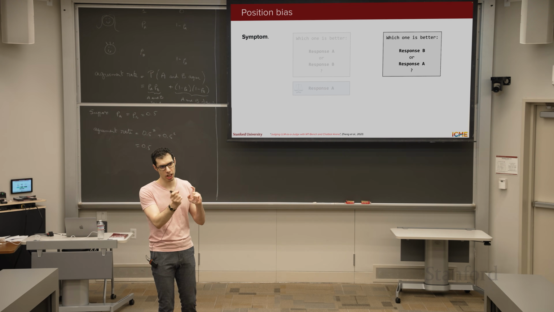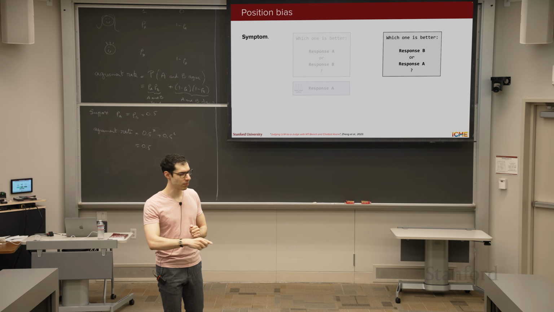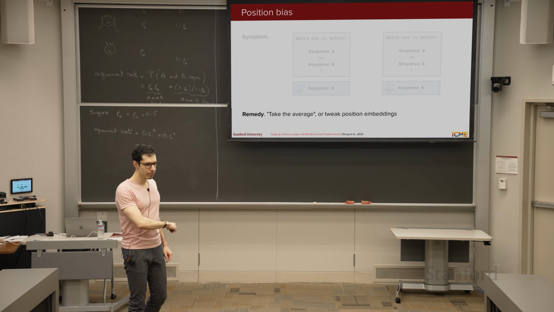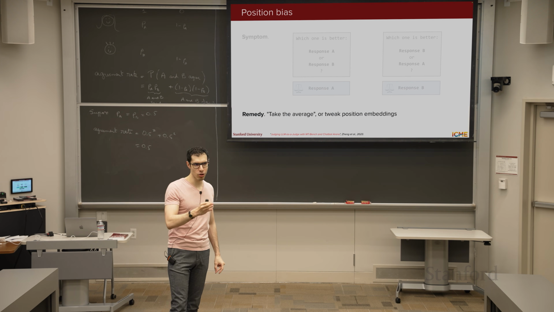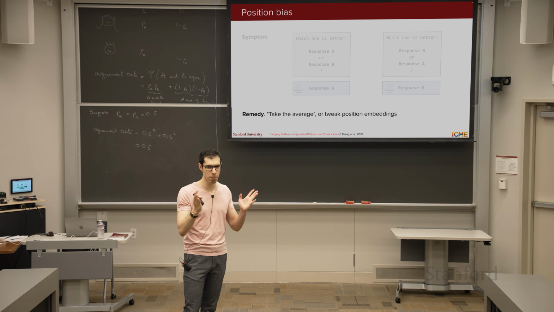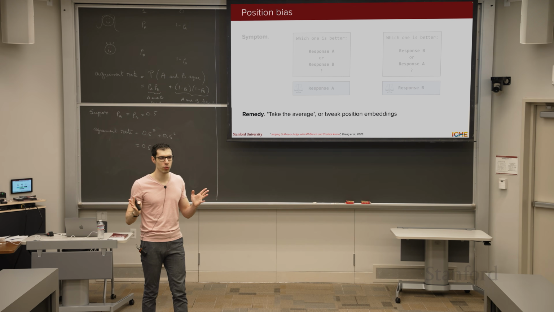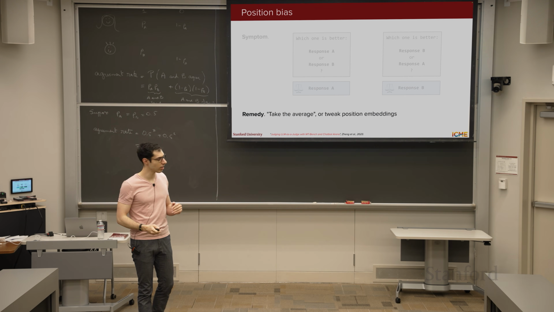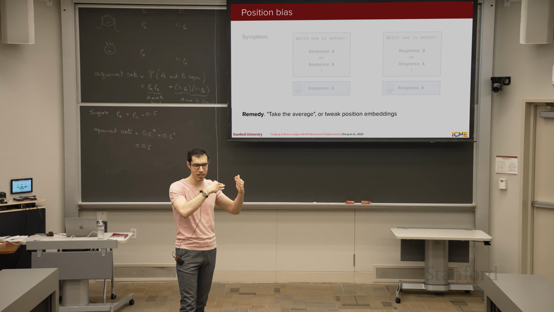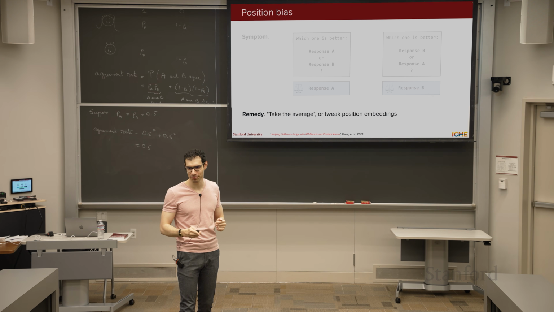But if the response changes, then it may not be good, so you may want to do something else. There are a bunch of other techniques. I know there are papers that try to tweak the position embeddings, but those are a bit more advanced, and not typically what you would do out of the box. So taking the average or the majority vote with position swapping is typically what you would do.